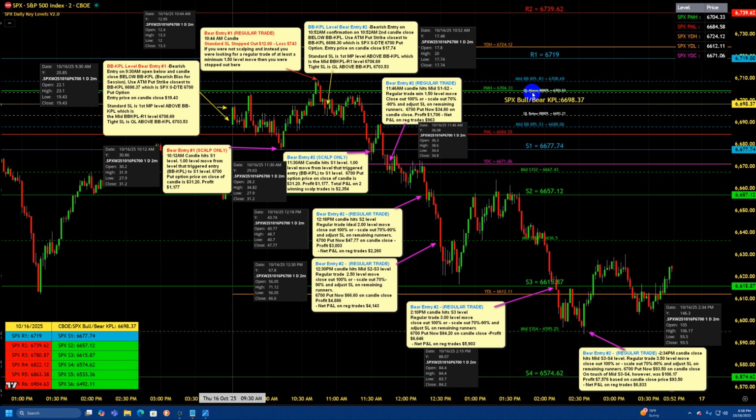That would be your tight stop loss on a bearish trade taken from the bull bear KPL level. Conversely, the QL below the BBKPL would be your tight stop loss on a bullish trade taken from the bull bear KPL level. These QL above and QL belows can be turned on in the user control panel on any other levels as well.